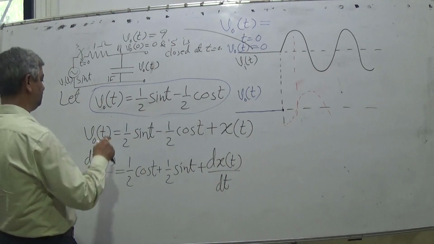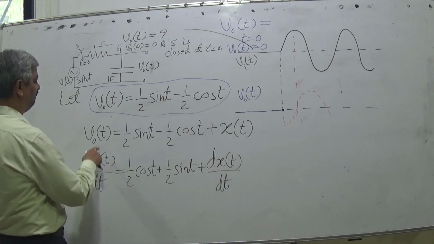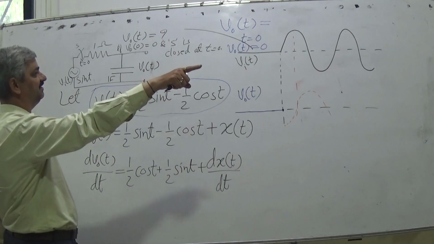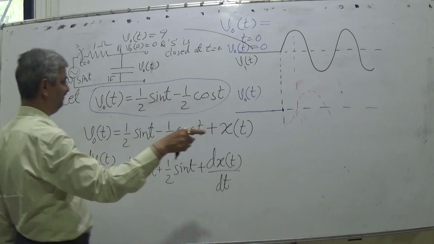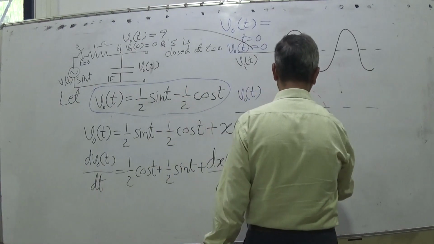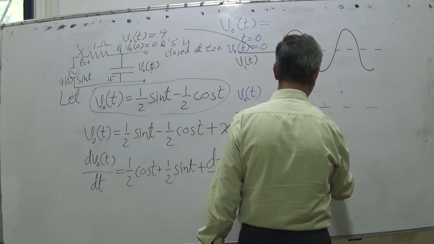What is the differential equation? dV_o by dt plus V_o should be sin t. Try to understand.